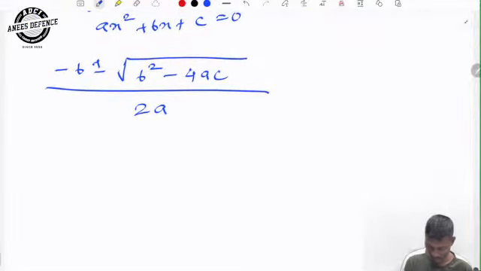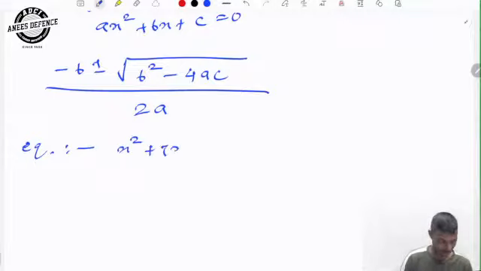So the same example we will solve. Otherwise, we will take another example, that is x square plus 7x plus 10 is equal to 0.